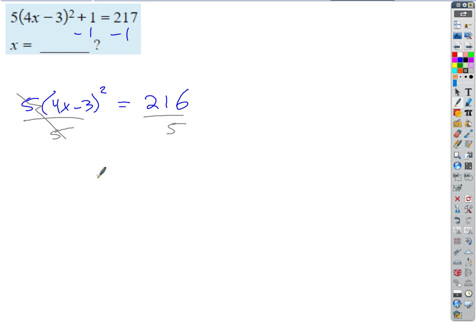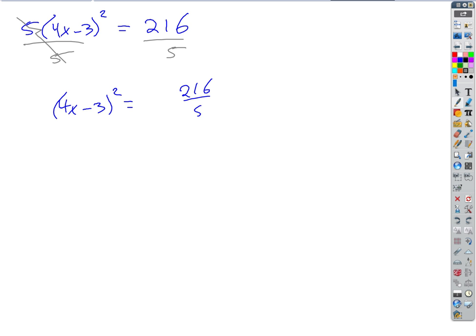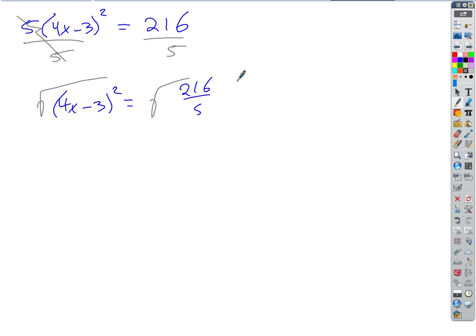Good, so those cancel. We get the quantity 4x minus 3 squared equals 216 over 5. Now what? Square root. Okay, this one looks a little bit ugly though, right? When I square root both sides, that's pretty bad.